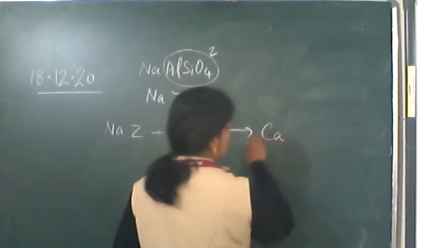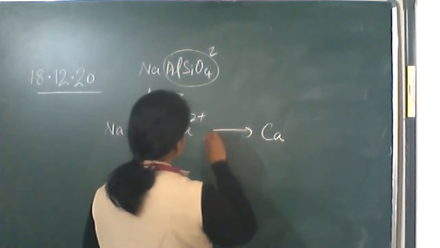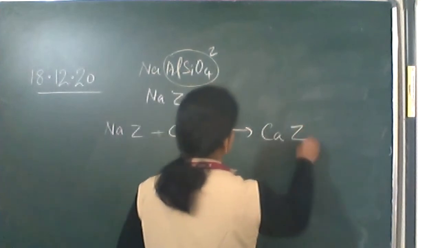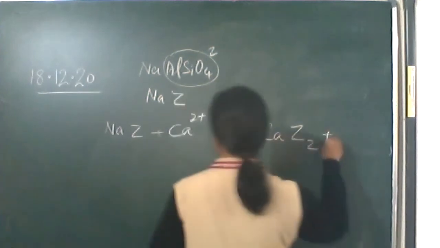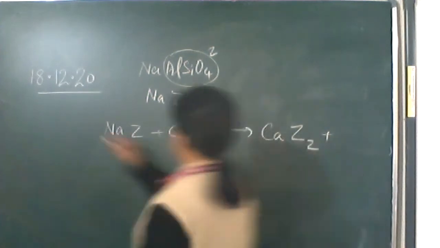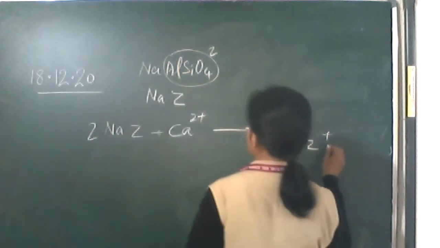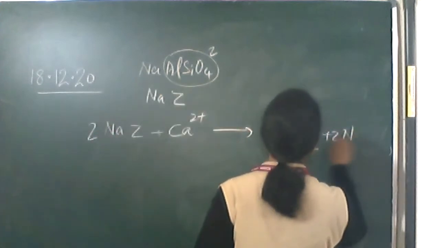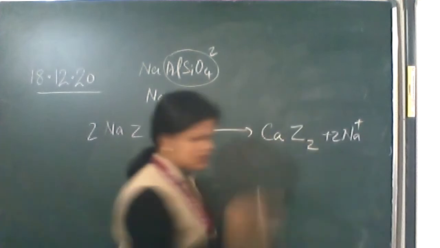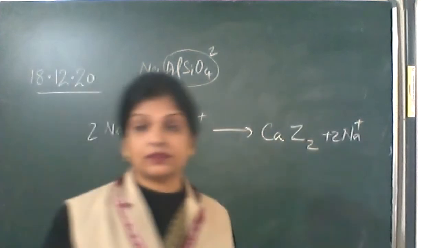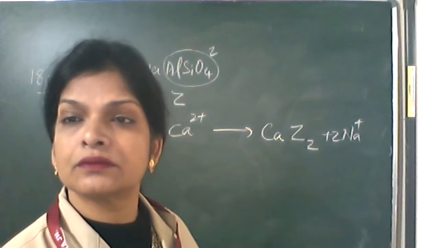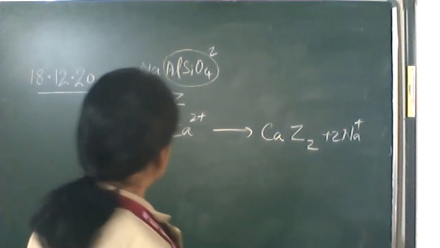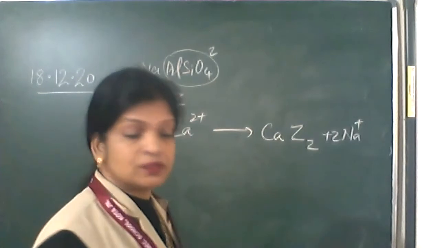Ca will be caught up by Z. That means CaZ2 forms, and Na plus will be going out. Na plus does not cause any hardness. Ca2 plus or Mg2 plus are causing this hardness.